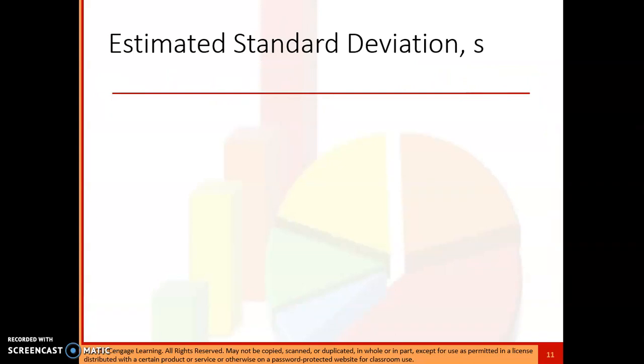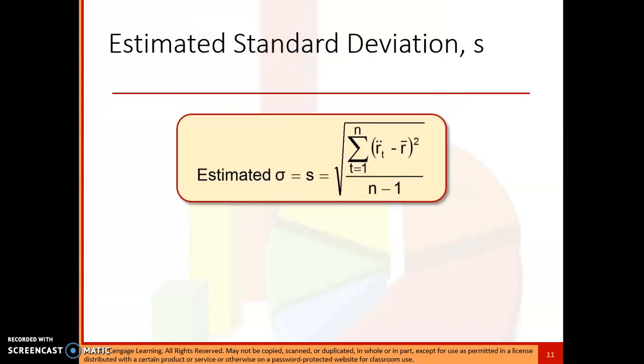For estimated standard deviation, if we don't have the likelihood of outcomes, we'll use historical figures to calculate standard deviation. We want quite a large sample size, maybe 100 observations or something of that nature. When we talk about returns, we would use monthly or even daily returns on a stock to do these types of calculations.